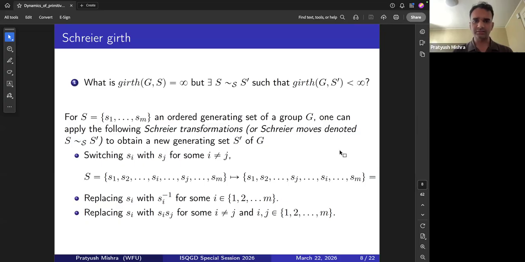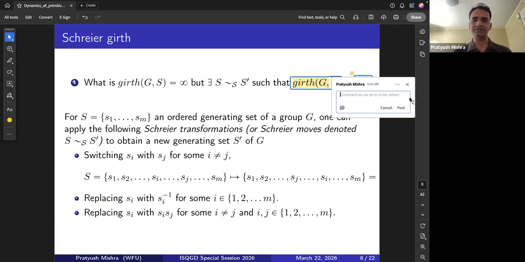So the Schreier girth. We have these Schreier transformations. We talked about the girth of a group with respect to a fixed generating set. It is possible that the girth of the group with respect to a generating set S is infinite, but there might be another generating set S prime that we can obtain from S by a finite number of Schreier transformations, and the girth of the group with respect to S prime is finite.